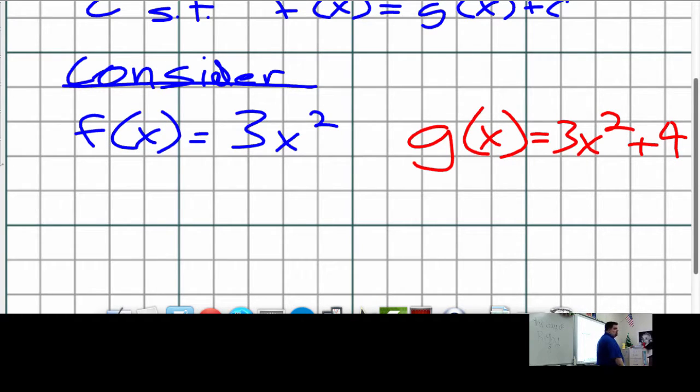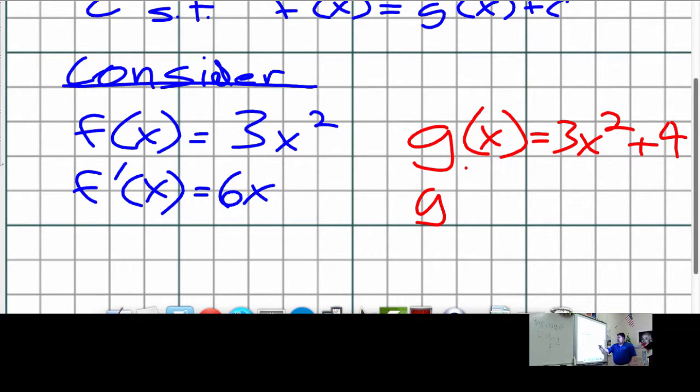Okay, does that make sense? What's the derivative of f? 6x. And what's the derivative of g? 6x.